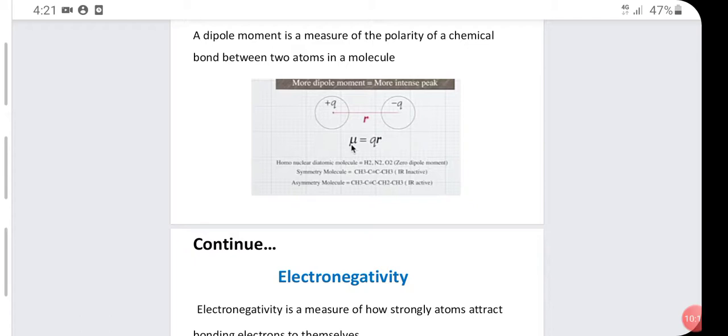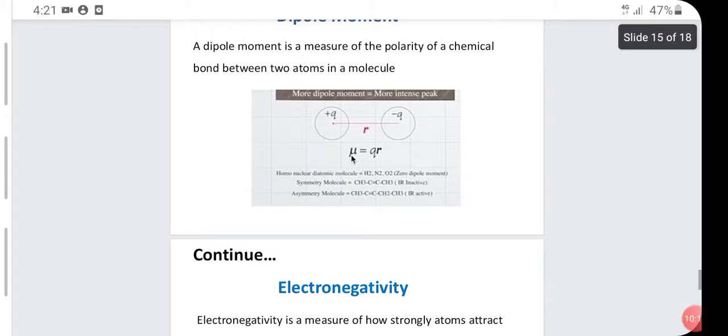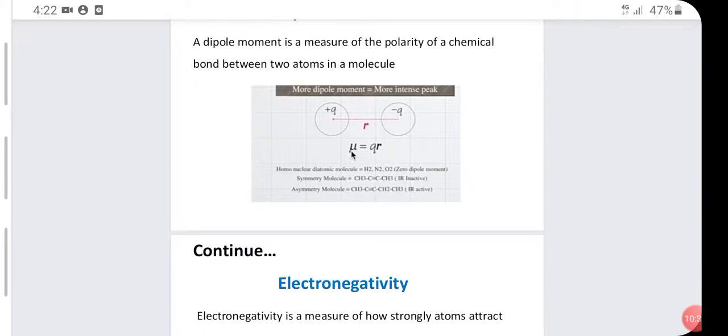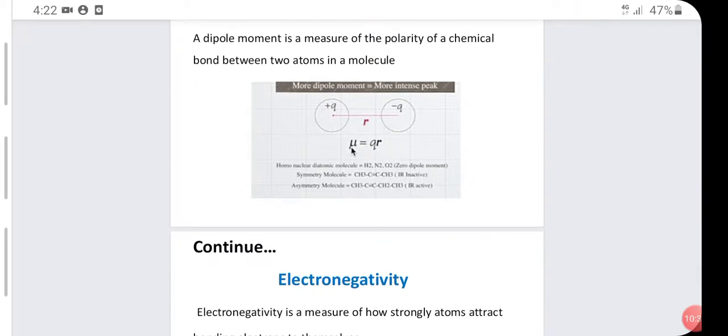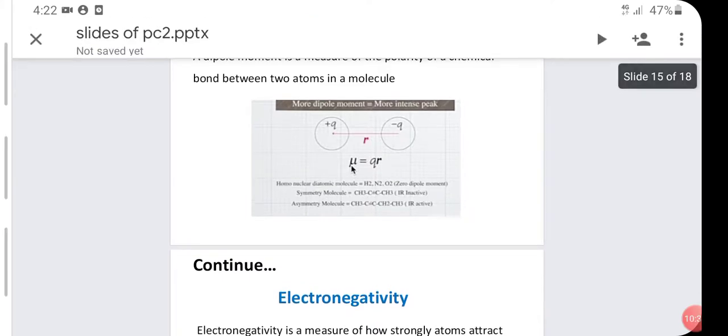Here the most important point is that homonuclear diatomic molecules like H2 and O2, they have the same charge. It means that the dipole moment is 0, and these molecules are called IR inactive. And there are symmetric molecules as well as asymmetric molecules.